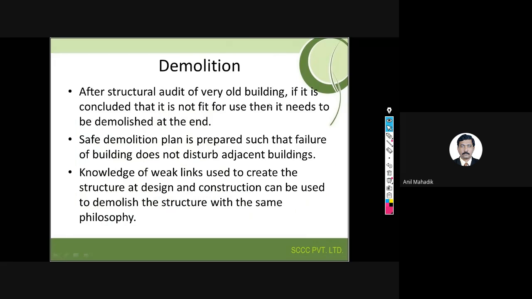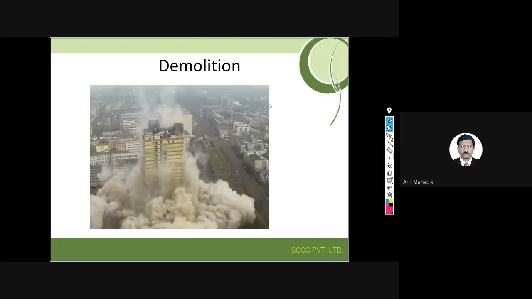And once the retrofitting, as I told you, if the building is very old, like 70 years, 60 years, and the condition is very bad, even though you think of doing the retrofitting, the cost is very high. So you may feel that it is better to demolish the building and do the redevelopment of the structure. You will demolish the building and again construct a new building. So it is better to do the demolition at the end of the life cycle.